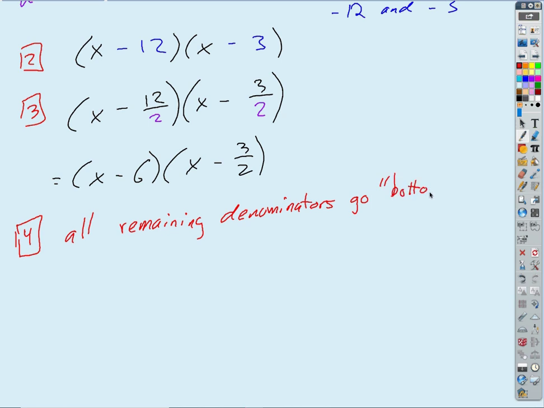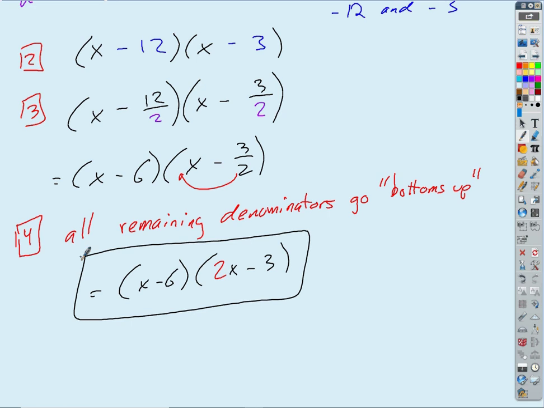And what that means is they're just going to go up to become the coefficients of x, right? So we end up with the answer: x minus 6 times, sorry, 2x minus 3, whoops. 2x minus 3. Okay? Does that ring a bell? Yeah. Okay.